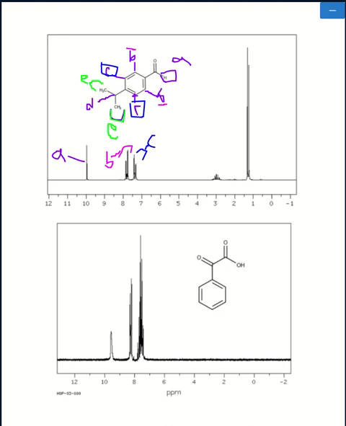So 3 plus 3 adds up to 6 neighboring hydrogen. 6 plus 1 would be a 7 split, septuplet. Therefore, this guy right here, environment D, would show up as a septuplet or what is sometimes called a multiplet. So this guy would show up as a multiplet.